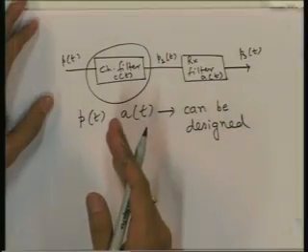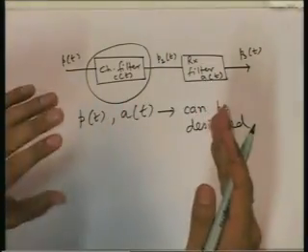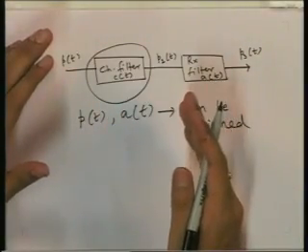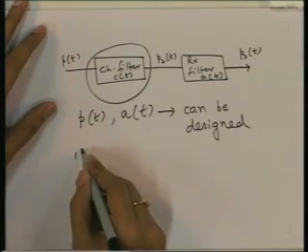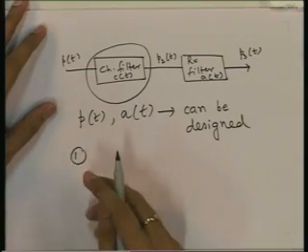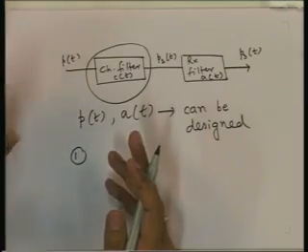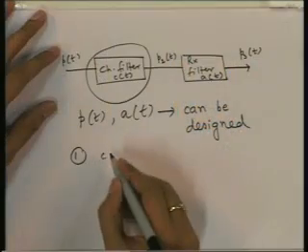But it is not always possible to avoid ISI completely, that is, it is not always possible to design a(t) and p(t) in such a way that the pulse p3(t) will satisfy the Nyquist criterion. Because first of all the channel may not be known at the time of design of the filter. So channel, first reason is that channel.